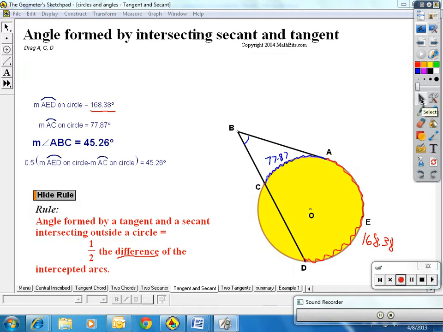And my angle here is 45.26. How did we arrive at that? We took 168.38. We found the difference, or we subtracted 77.87. Then we divided all that by 2 to get 45.26 degrees.